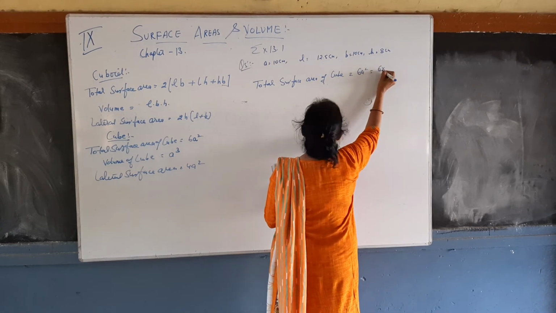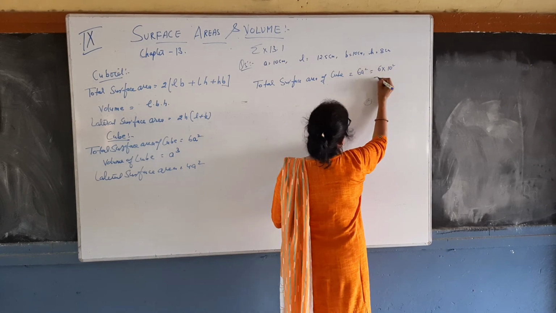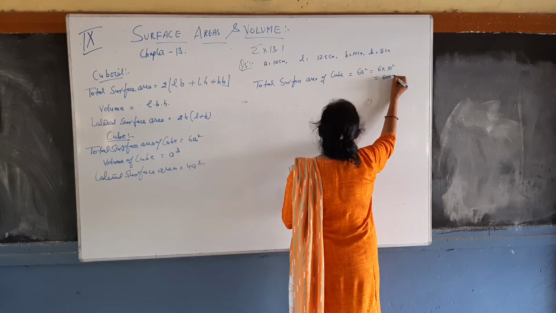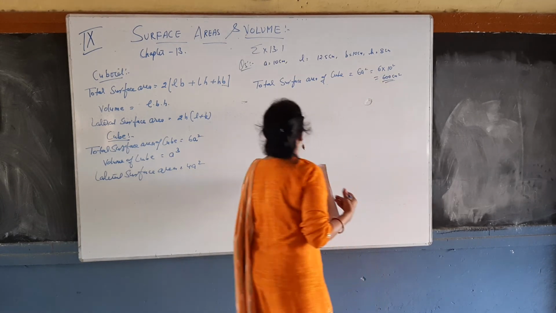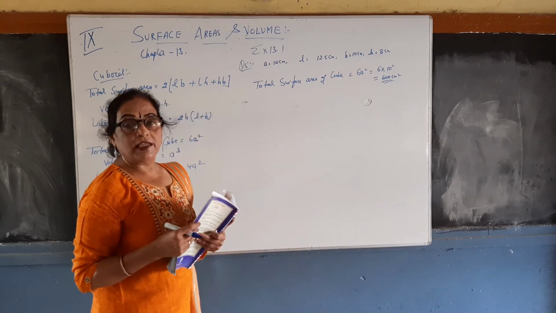So 6 into 10 square, so it is 600 centimeters square. So the total surface area of cube is 600 centimeters square.